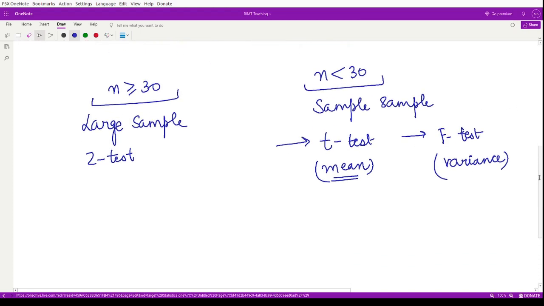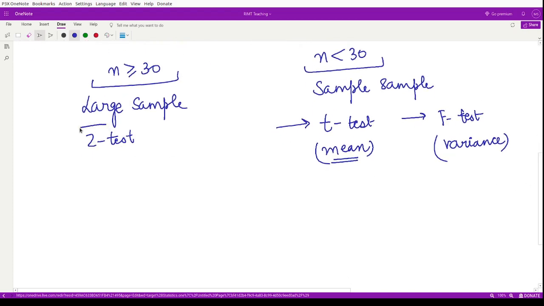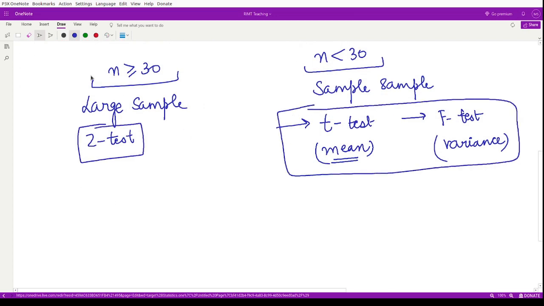Now, depending on which test you are using, we have a different test statistic.